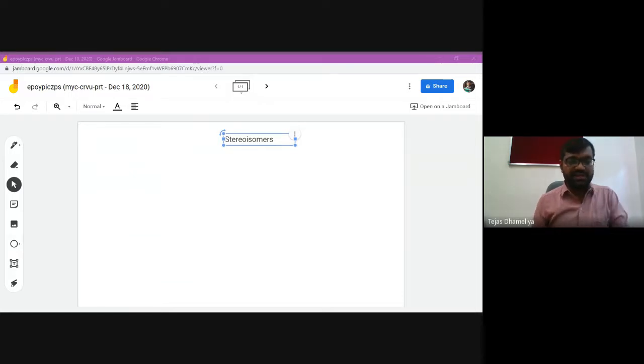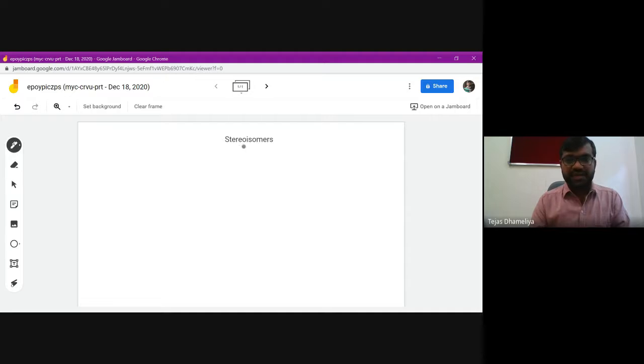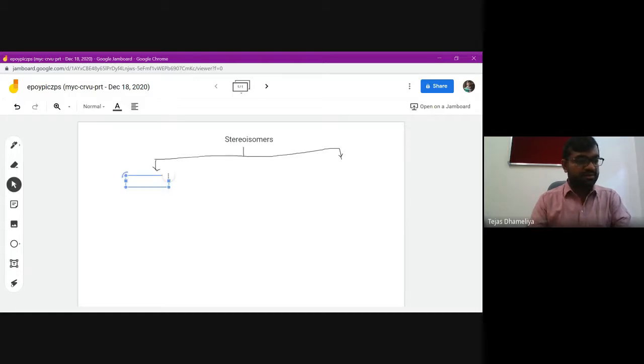Stereoisomers are classified into two major types. I'm going to draw the further classification. Number one, conformational isomers.